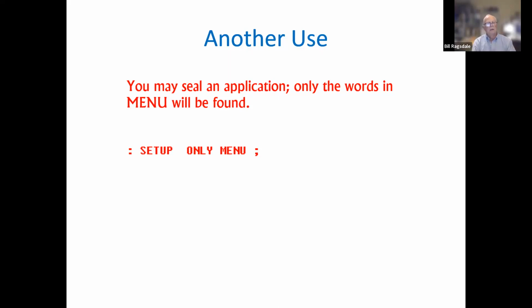So if you execute setup, it will execute the word only, but the vocabulary menu has already been compiled, and so menu will become the top of the search order. And at that point, the system will only know the words in menu. So for example, if you were using this to control keyboard input, all of your text input from the keyboard would be located in the vocabulary menu.